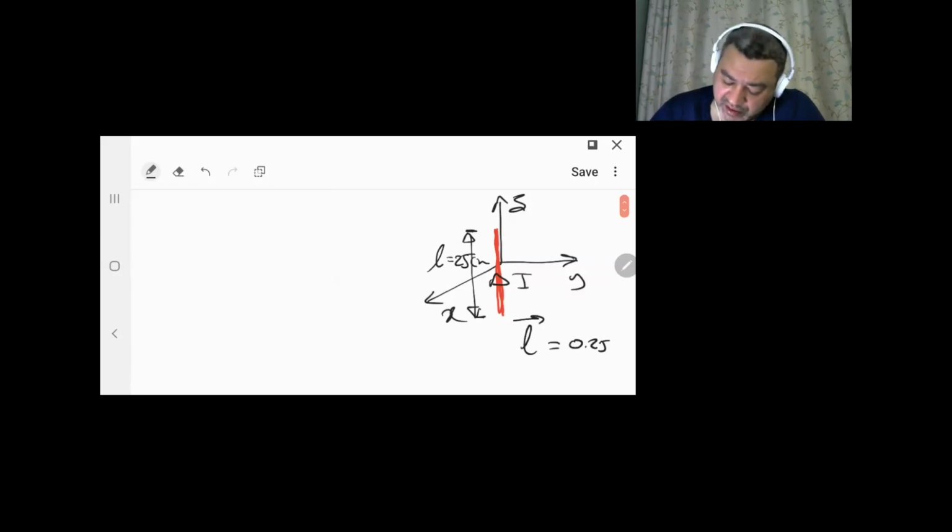Then I will say that this L defines a vector here in the K direction.